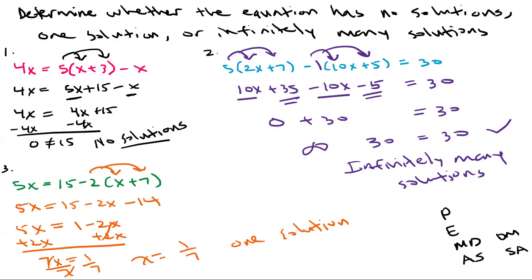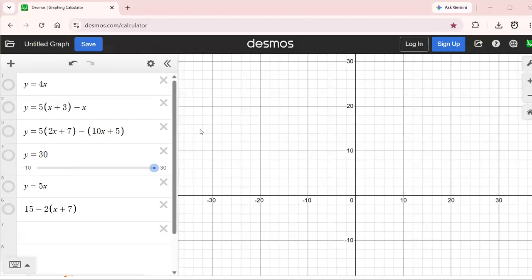Graphically, what does this look like? Let me pause this for a second. Here I have written down the equations that we have. Problem one is the first two, problem two is the second two equations, and problem three is the third set.